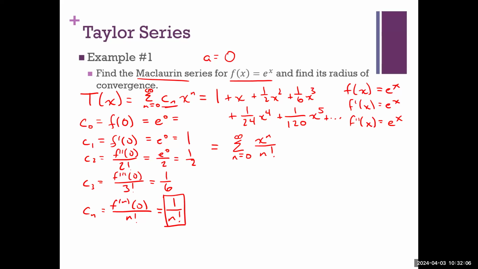We still agree with this? We okay with where that came from? If you believe that, then getting the power series, what's the difference between this thing and this thing here? How did I get from the coefficients of the power series to the full power series?